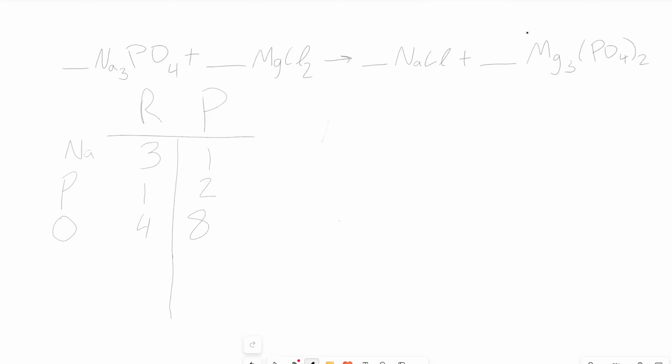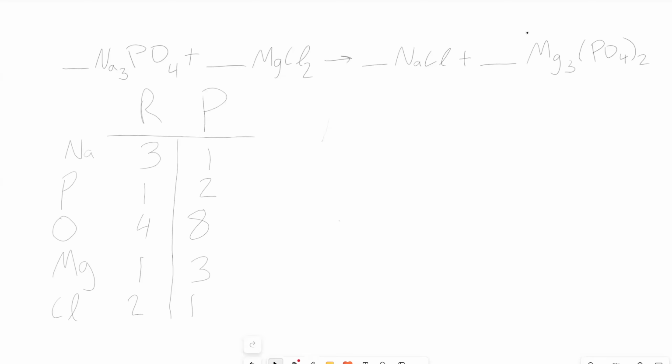For Mg, we have 1 on the reactant side, and we have 3 on the product side. Alrighty, and our last atom, Cl. We have 2 on the reactant side, and we have 1 on the product side.